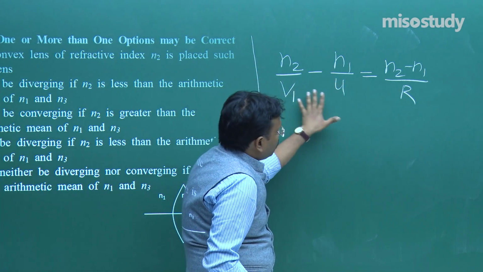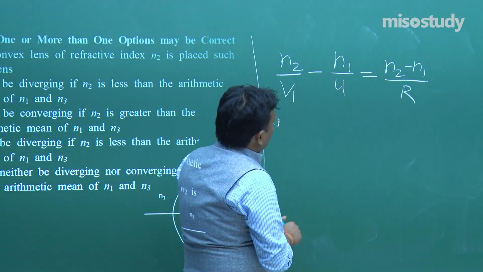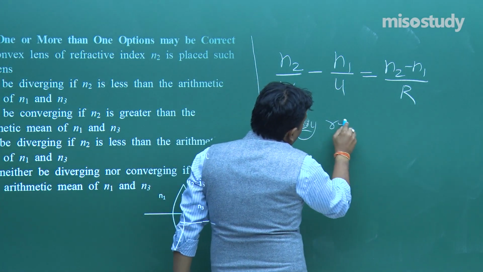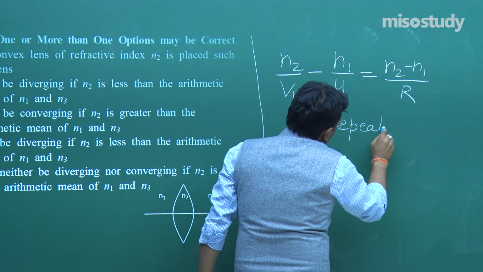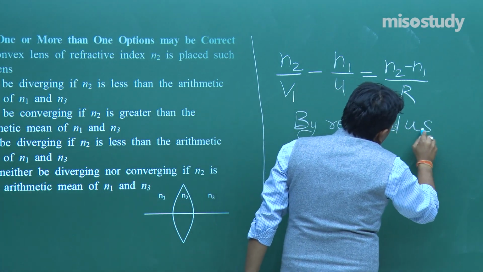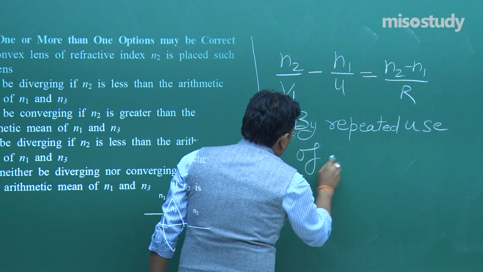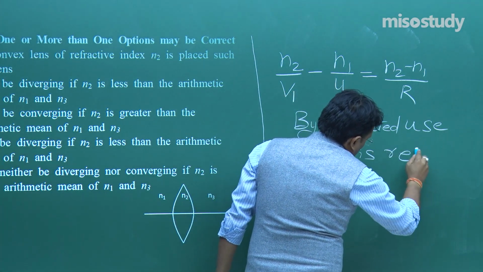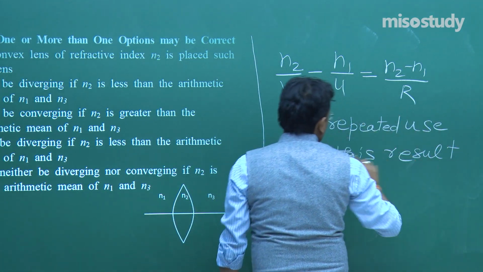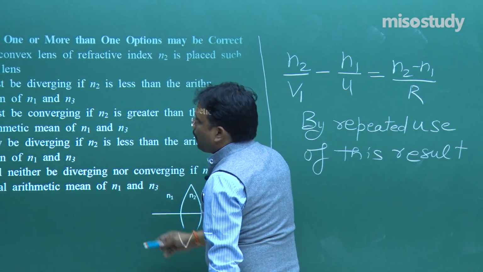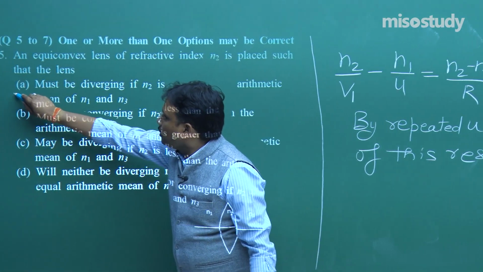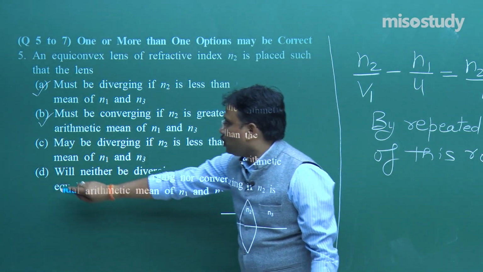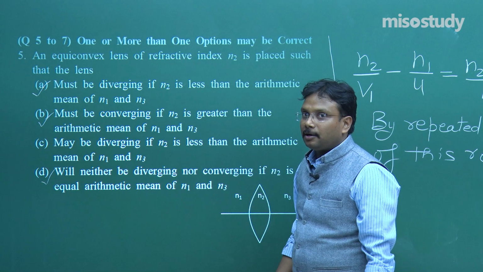So you have to use this formula, and by repeated use of this result, we will say option A is correct, option B is correct, and option D is correct.